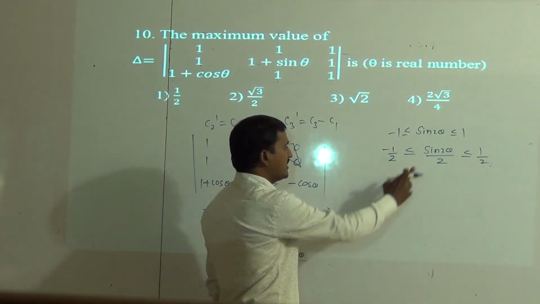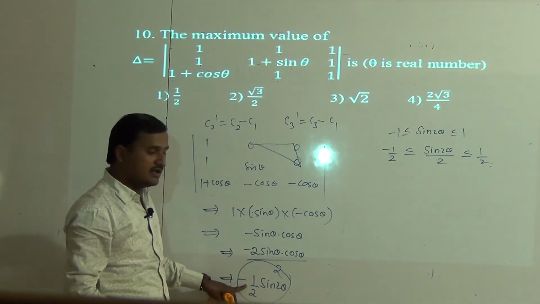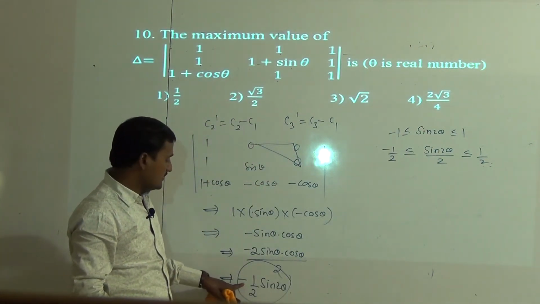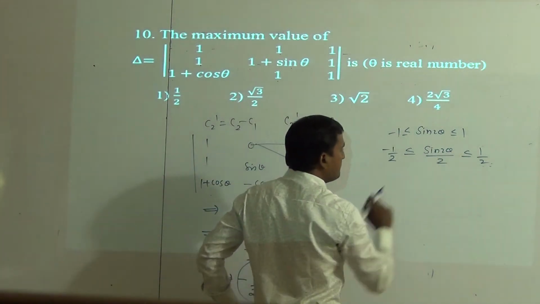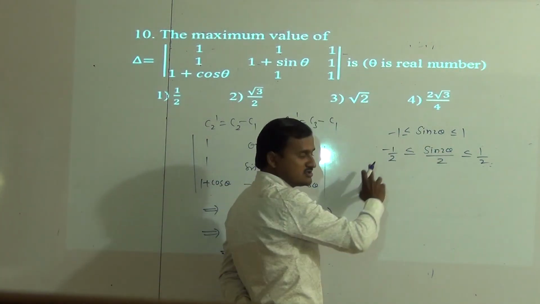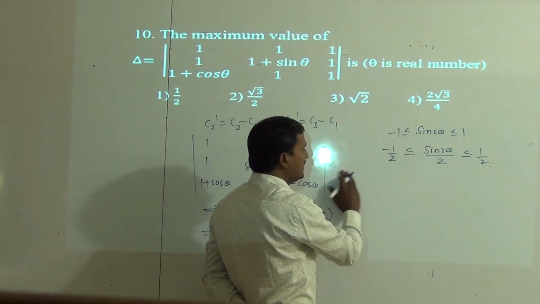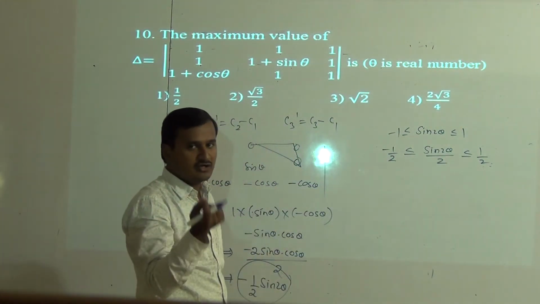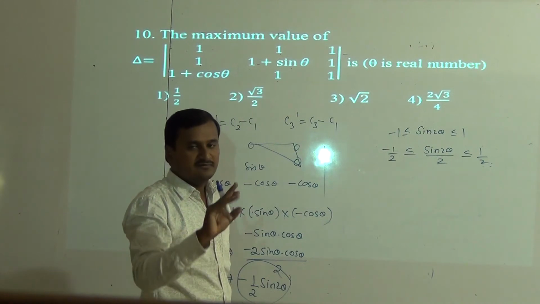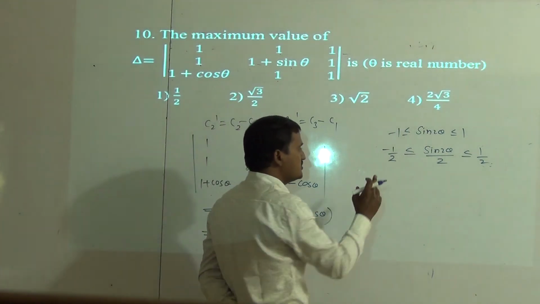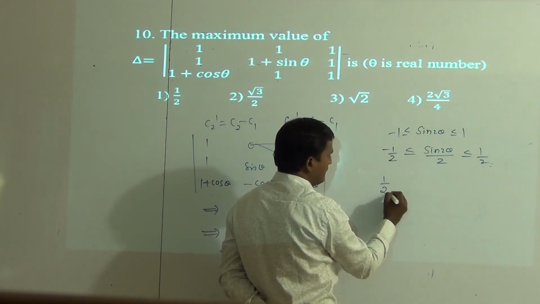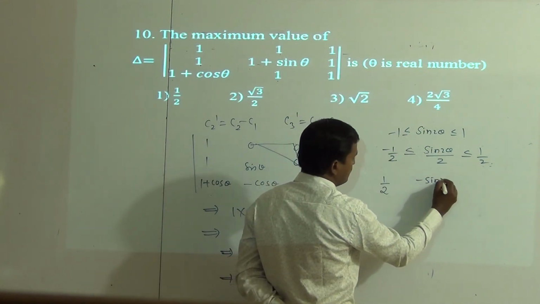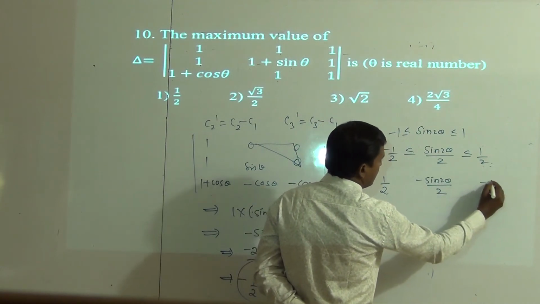But actually here I want to find the maximum value of minus sin 2 theta divided by 2. Now I will multiply this inequality by minus 1. If we multiply a negative number to any inequality, the sign of the inequality changes. After multiplying by minus 1, I got 1 by 2 and minus sin 2 theta divided by 2 and minus 1 by 2.